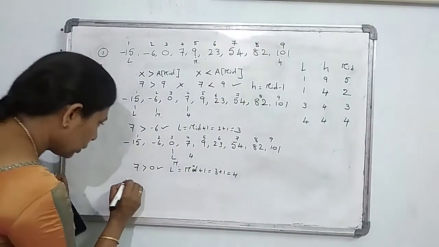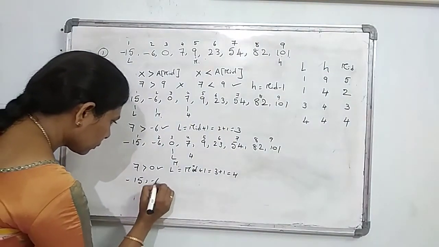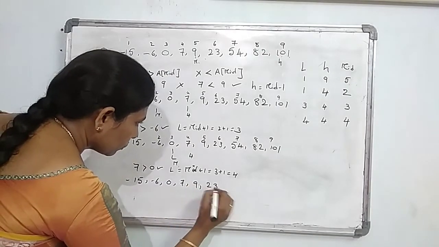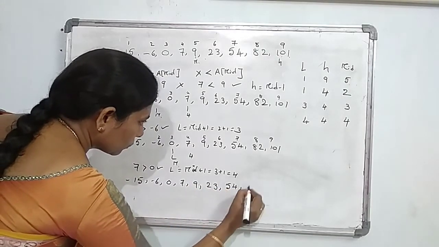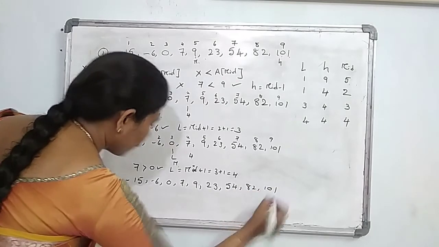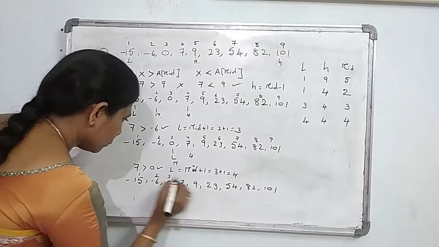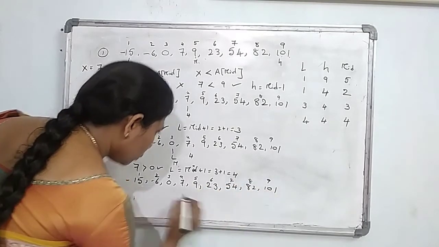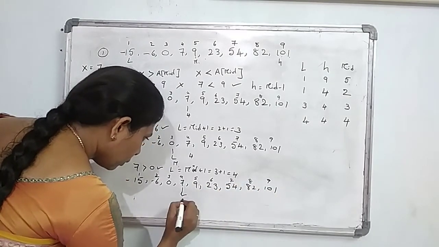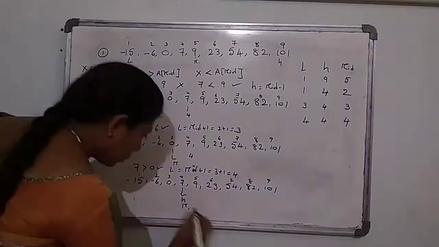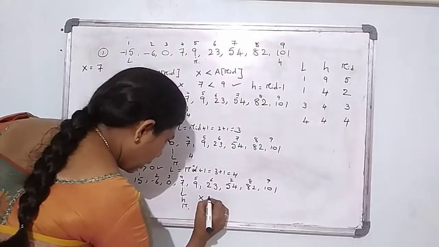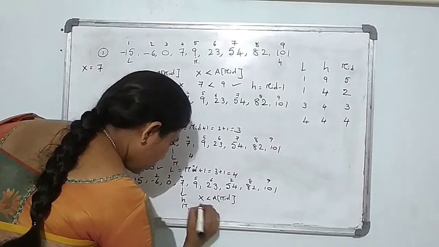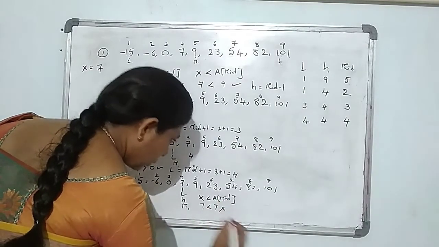So now again you can take this one. So low 4, high 4, mid 4. Now we can compare this. X is less than A of mid: 7 less than 7, wrong.